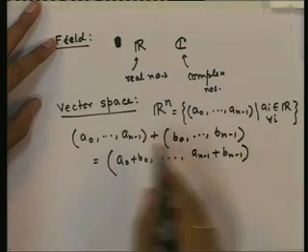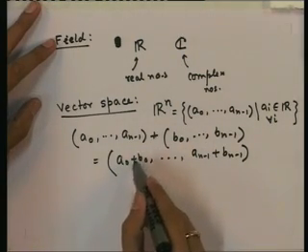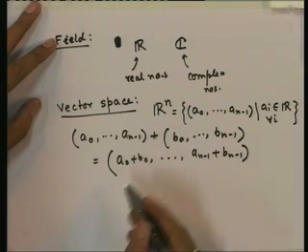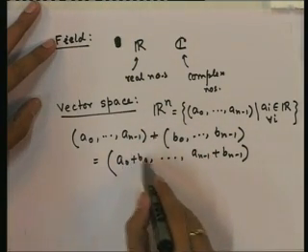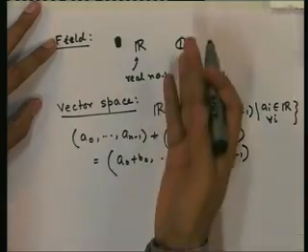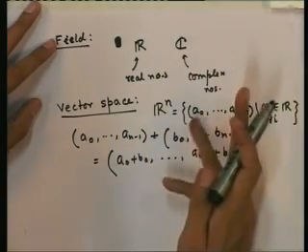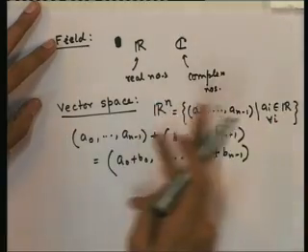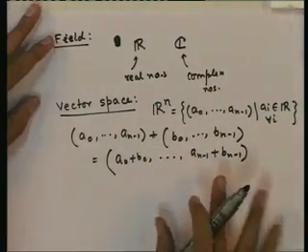This is the addition of these two vectors. Remember, this addition and this addition are not the same. This is real addition, this is the addition of two vectors. Addition of two vectors is defined in terms of addition of real numbers. Similarly, C power n is defined as n-tuples of complex numbers, and you can define the vector addition in terms of the complex additions. Okay.